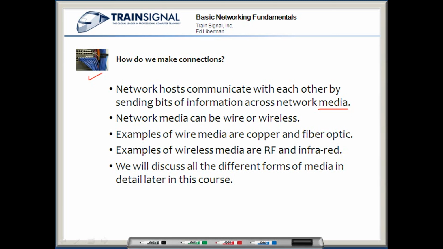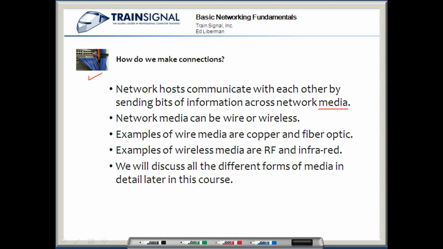Some of the examples of wireless would be either RF for radio frequency and infrared, like you see on a remote control. Well, believe it or not, that same technology that we've used for many years in our remote controls on our televisions, we also can use to allow hosts or computers to communicate.